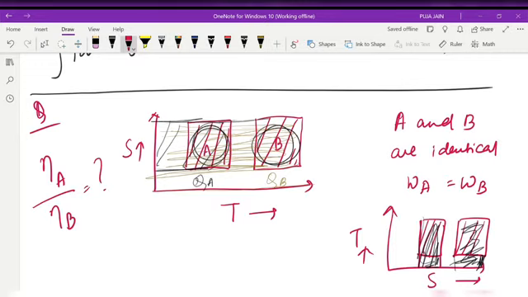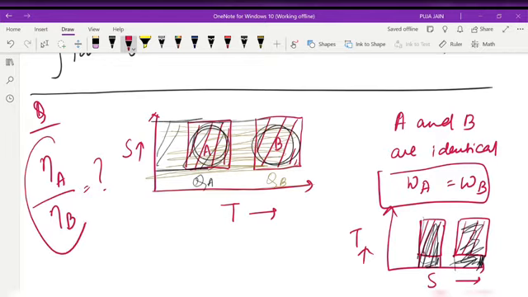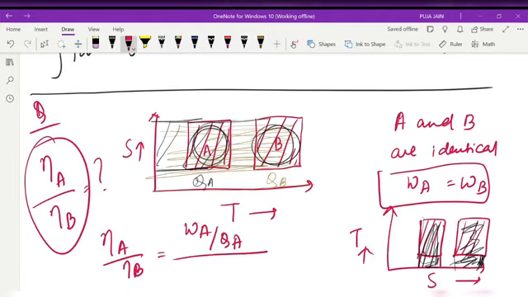So WA is equal to WB, and we need to find QA and QB. If we find them, we will get this ratio. Because eta A by eta B is work done by QA, output by input, right? So we get QB by QA. So now our work is to find QB and QA.